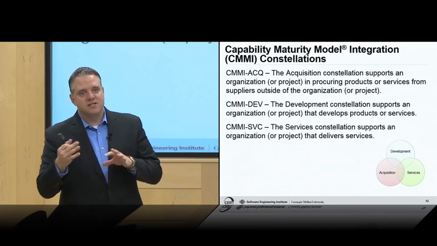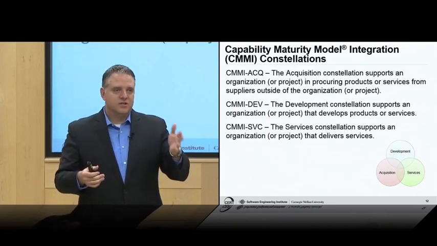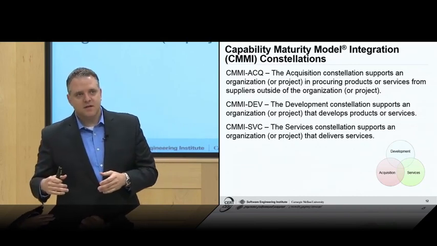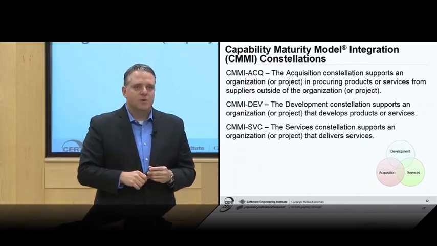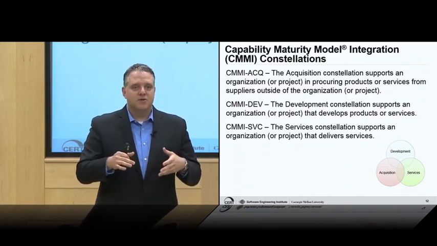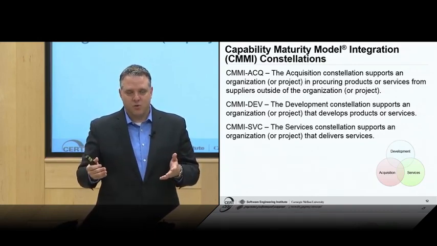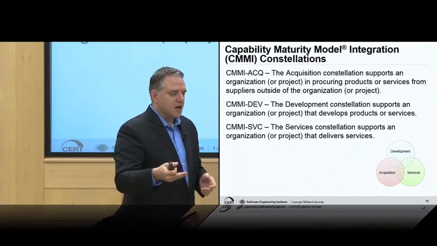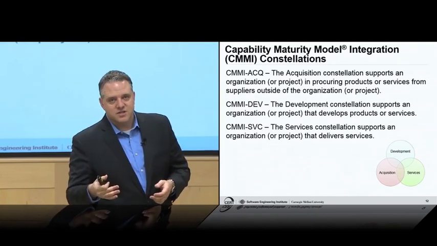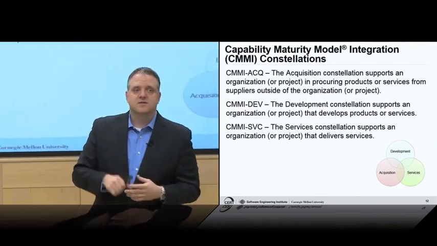Then, each constellation itself, acquisition, development, and services, has their own set of process areas. But first, the acquisition constellation is about how do you procure stuff within an organization. Development constellation is about how do we develop new products or services and rate the maturity of those processes.